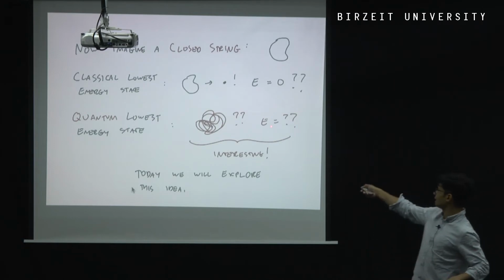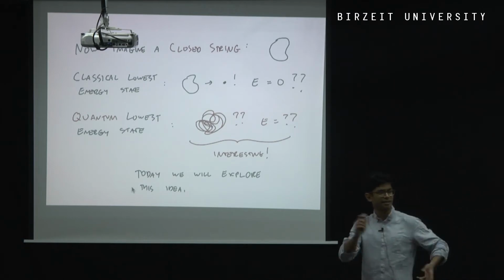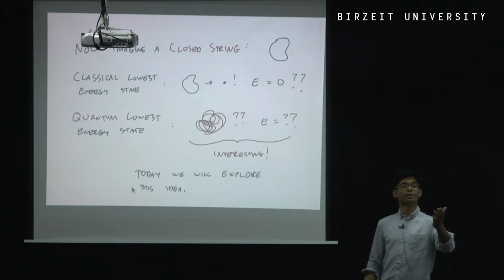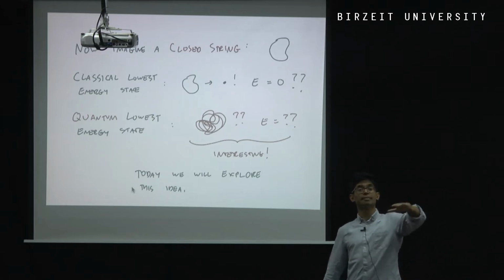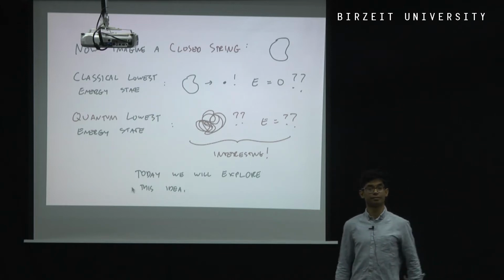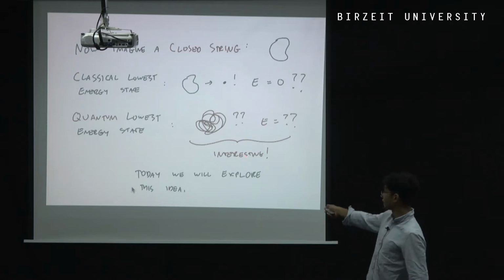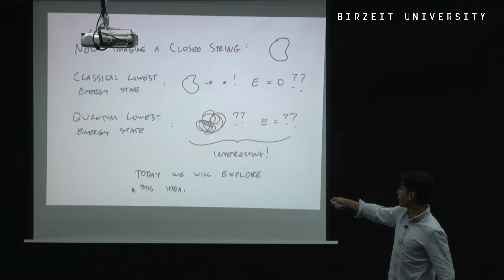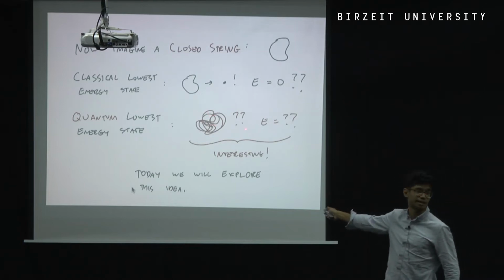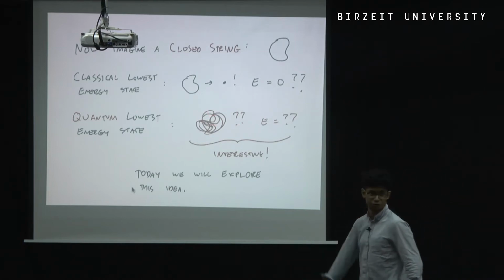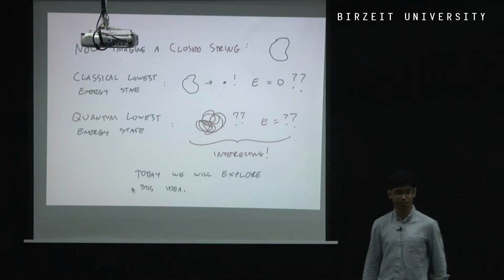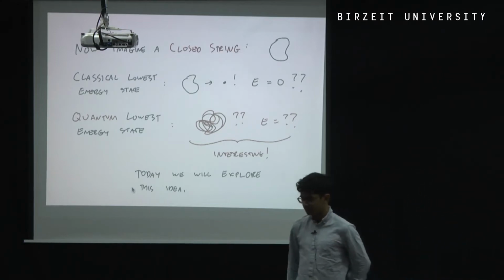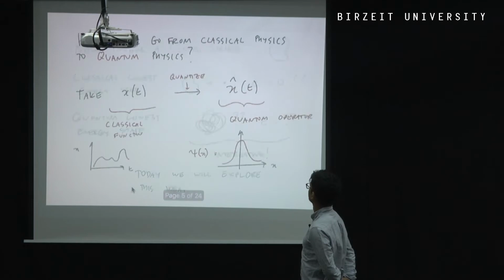And now if we calculate the energy of this fuzzy, weird quantum mechanical thing, we should get some number, and that number should have something to do with the mass of the particle that we're looking at, okay? This is the right thing to do. And today we're going to do this. We're going to try to figure out how to describe this weird, fuzzy quantum mechanical thing and calculate its energy. Okay, that's the goal of today. Okay, so let's do it.